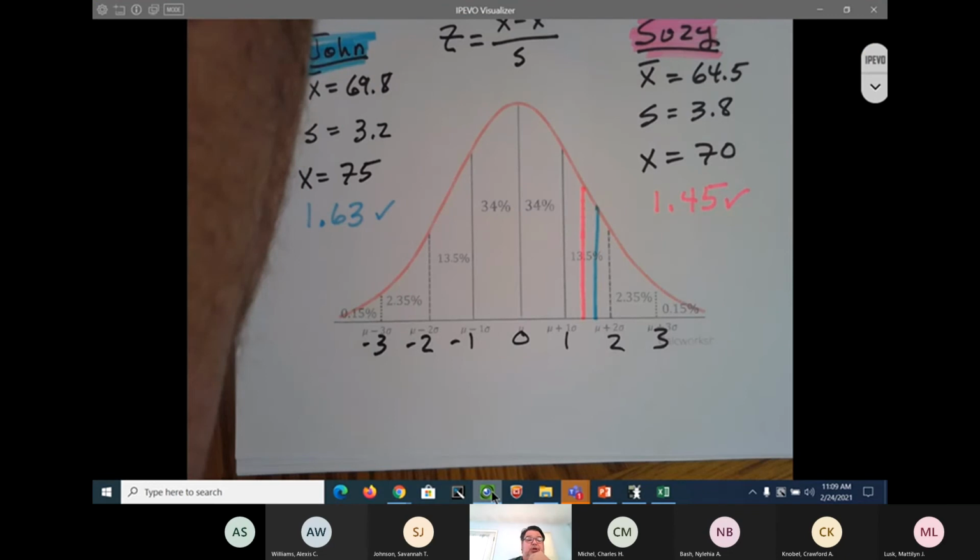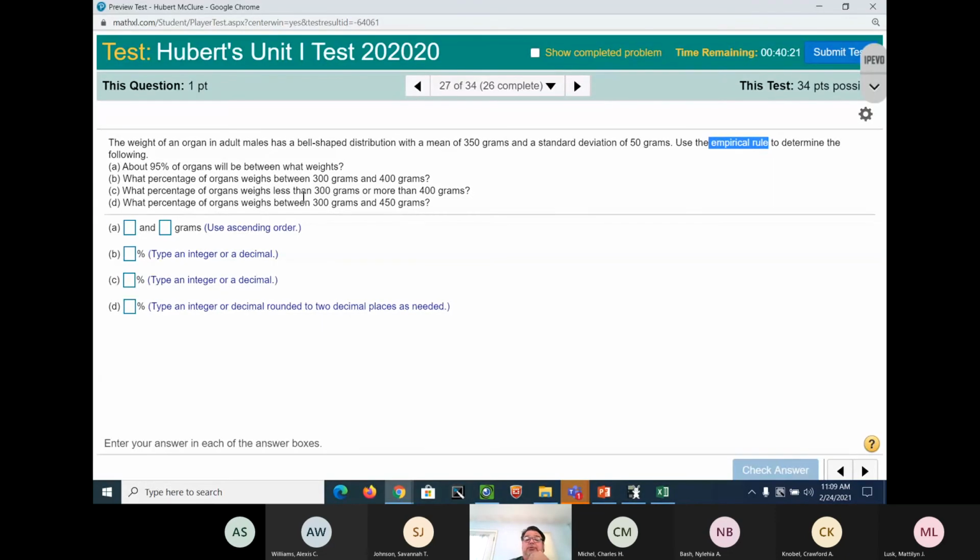And it's going to ask you about these weights. So you're going to put 350, then 400, 450, 500, 550. And then you're going to back it up to 300, 250, 200. And then it's going to ask you about the percentages. I'm not going to do this one because we've done this one to death. Next.